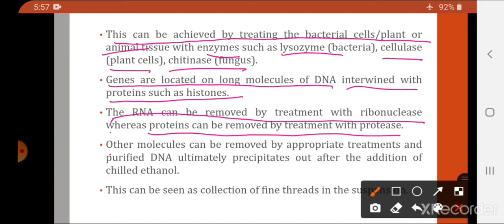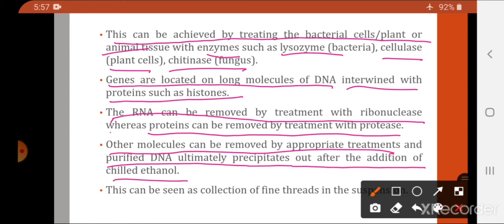Other molecules can be removed by appropriate treatments. For example, to remove proteins, protease; to remove lipids, lipases; then to remove carbohydrates, carbohydrases. So in this way all the extra molecules can be removed by the appropriate treatment and we can obtain the DNA. The purified DNA ultimately precipitates after the addition of chilled alcohol.